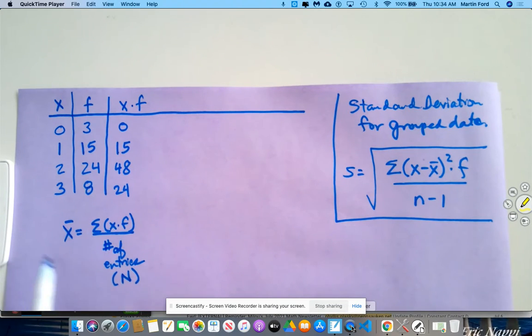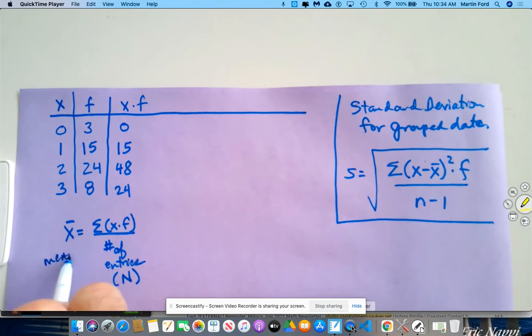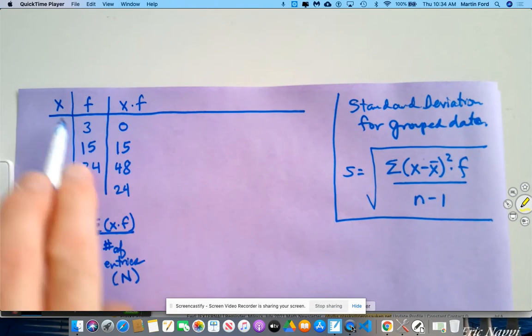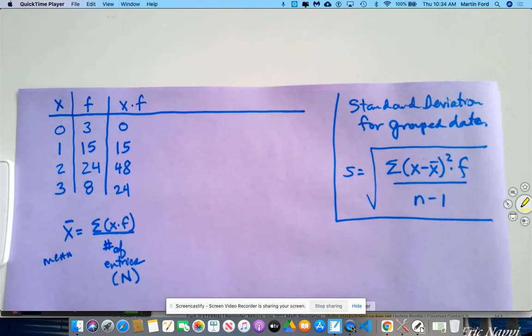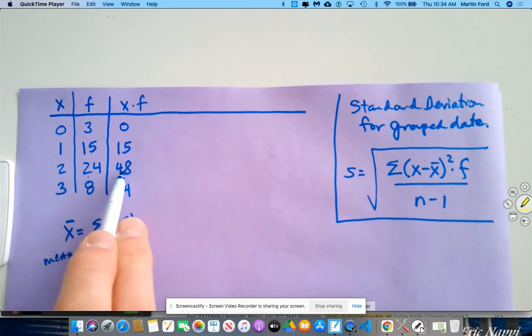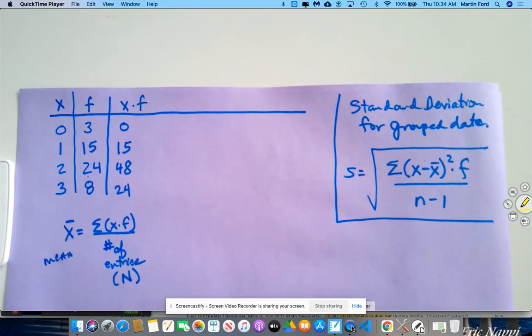In order to find the mean of the data, we have to figure out the products of the values and the frequencies. So we do x times f in this column: 0 times 3, 1 times 15, 2 times 24, and 3 times 8.